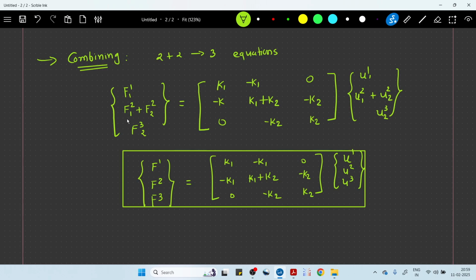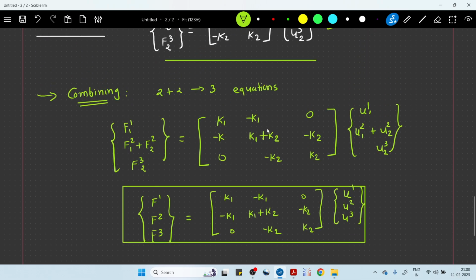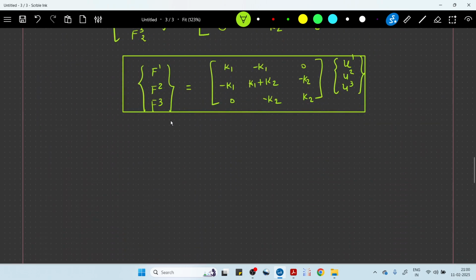Okay, so this is what we get, the final equations. When we apply the assembly procedure, we get a global system of equations. So this is our global system of equations. This is called the force vector, this one is called the displacement vector, and this one is called the global stiffness matrix.